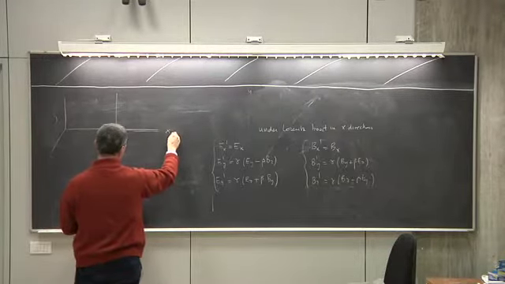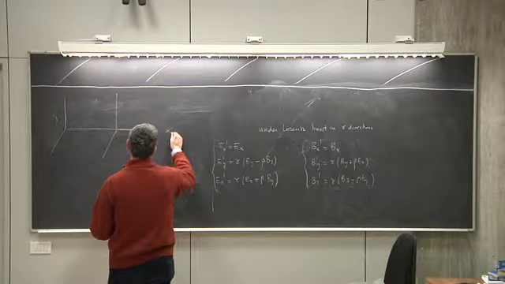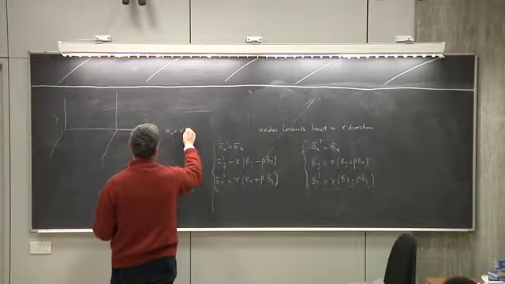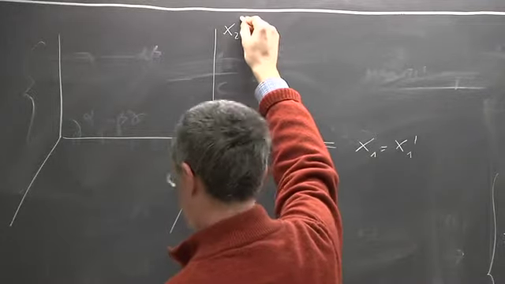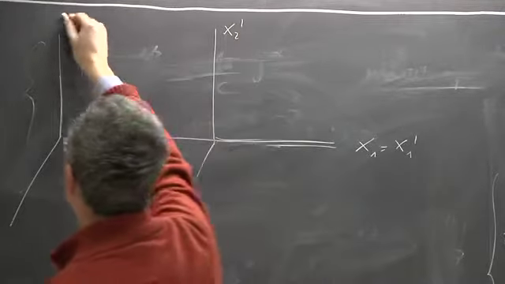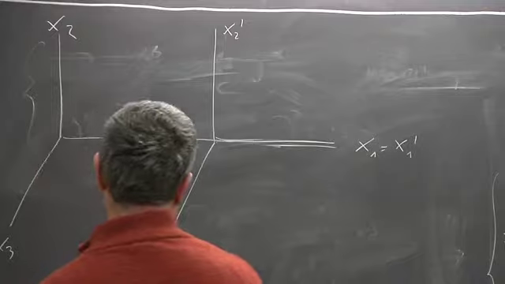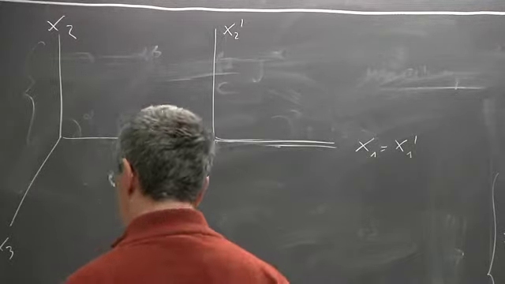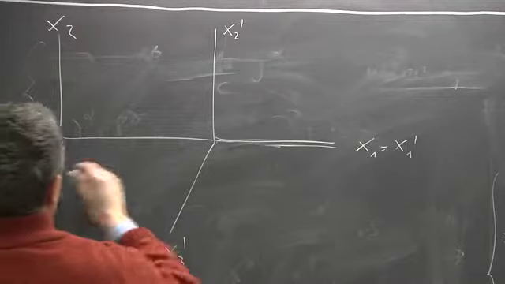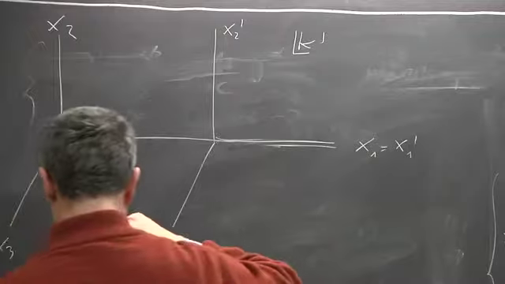So this is X1 in this language, this should be X2, X3, and the primed ones, or maybe it should be the other way around, anyway. So this is the frame K, and this is the frame K prime.